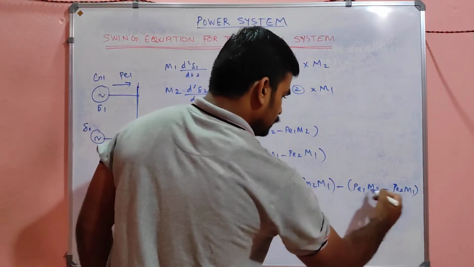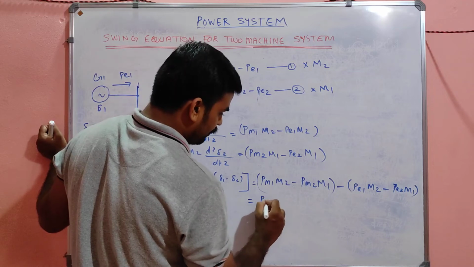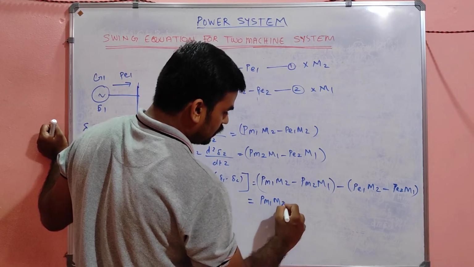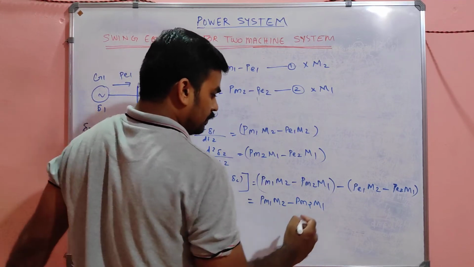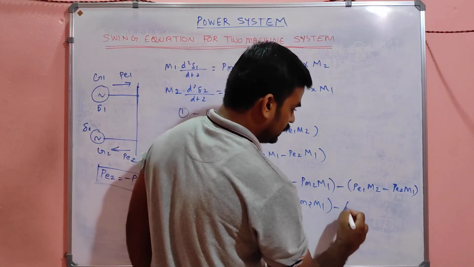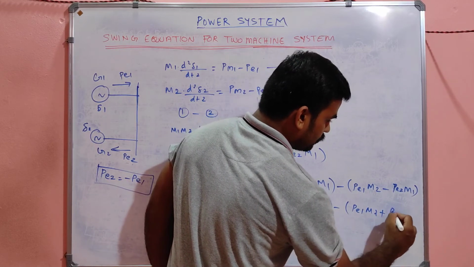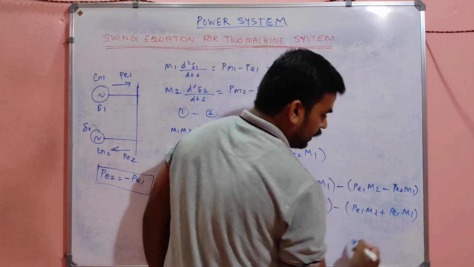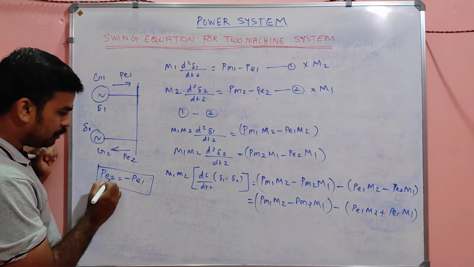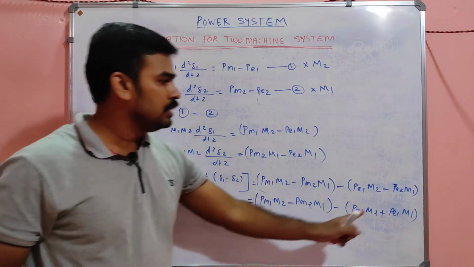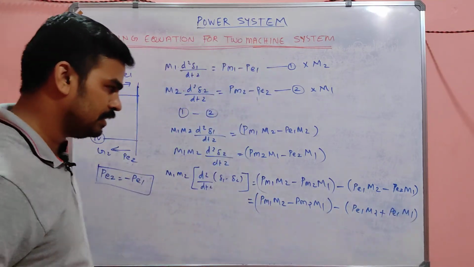So this will be the relationship. So it can be the same as Pm1 M2 minus Pm2 M1, minus Pe1 M2 plus Pe1 M1. Am I right? Because we already took Pe2 equal to minus Pe1. So instead of Pe2 I can substitute minus Pe1, so minus and minus will be plus, that's all.